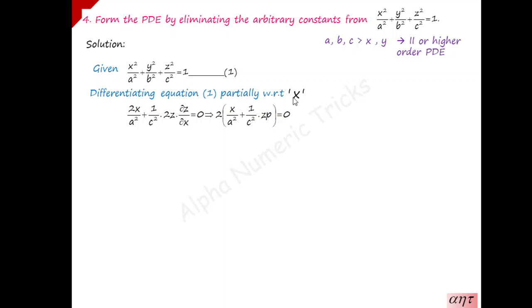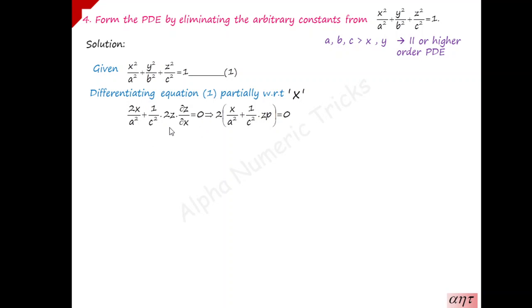Because we are doing partial derivative with respect to x, so the remaining variables are taken as constant. And what is the differentiation of a constant? It becomes 0, so this is not present. Plus again here 1 by c squared is constant, and differentiation of z squared is 2z into z differentiated partially with respect to x.